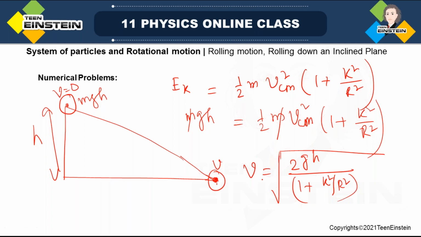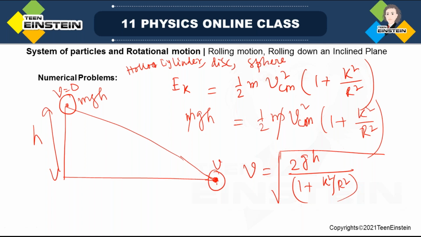This is a very useful formula for comparing which one is faster. Suppose you are given a hollow cylinder, sometimes a disc, then maybe a sphere.